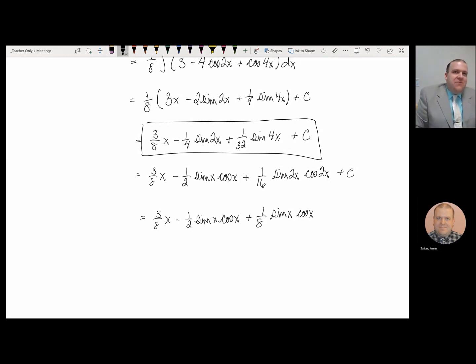Notice we would have an advantage if we used either 2 cosine squared minus 1 or 1 minus 2 sine squared. Then this term multiplied by 1, right? And then we'd have like terms to combine. So instead of having 4 terms, we'd have 3. So now the question is, do we want cosine squared or sine squared? At that point, it doesn't really matter.